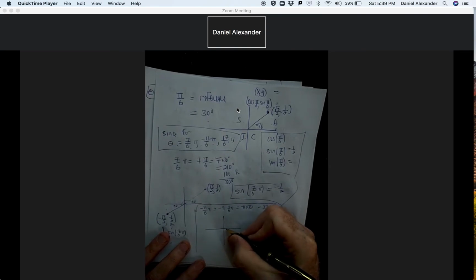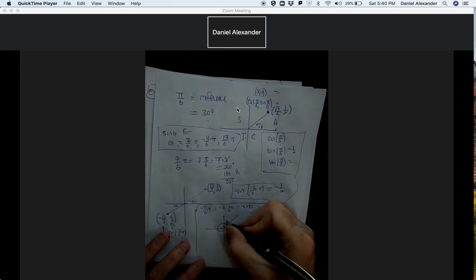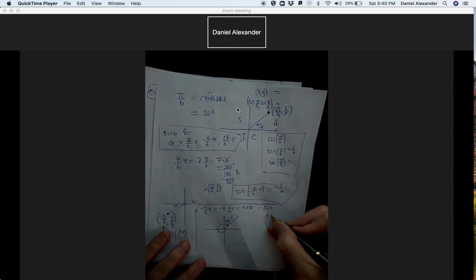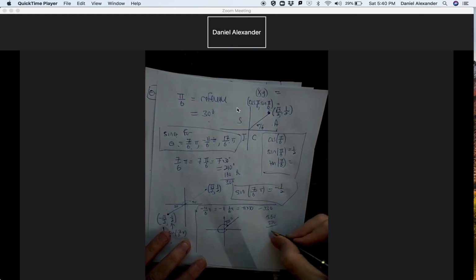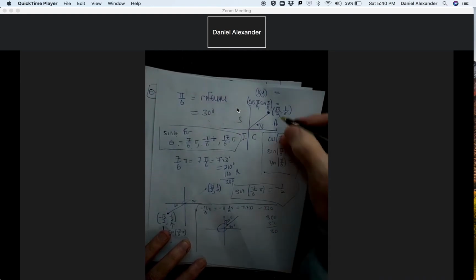We're going to go in the negative direction, which is here. So we're going to go all the way around to 330. But 330 minus 360 is 30 degrees. So that's going to be the same as 30 degrees. That's going to be the same as this.